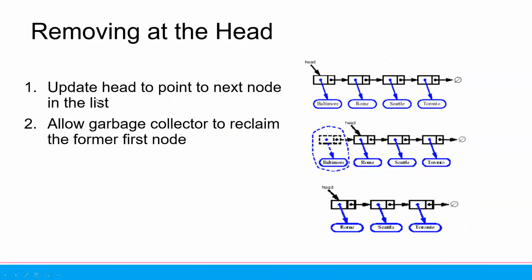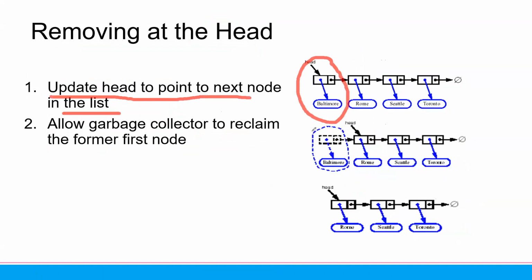How if we want to remove at the head? Maybe after I make a plan, okay, I do not want to go to Baltimore first, so I want to remove this one. Then you can update the head to point to the next node in the list.